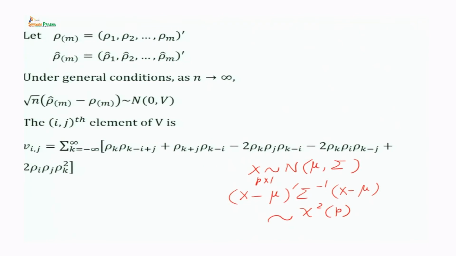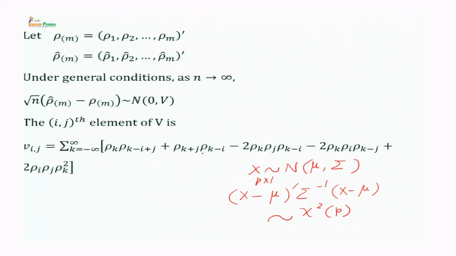So, suppose i is equal to j, then here you get, for i equal to j, rho k square. Under H naught, all the rho k's are equal to 0 except for k equal to 0, and for k equal to 0, rho k square is equal to 1.